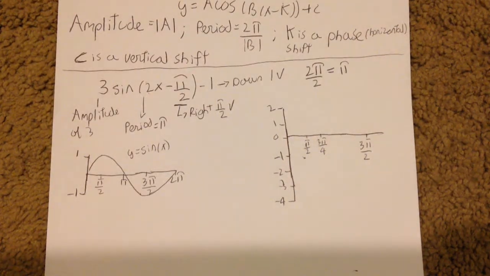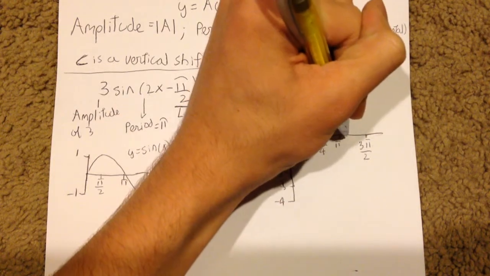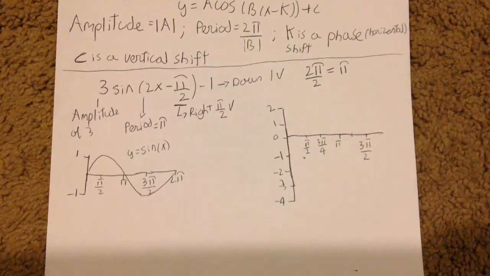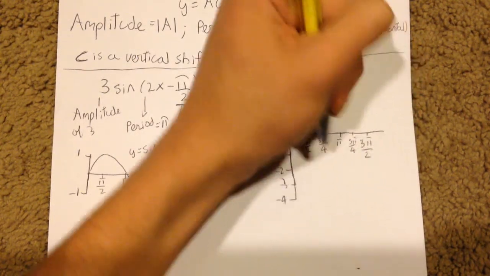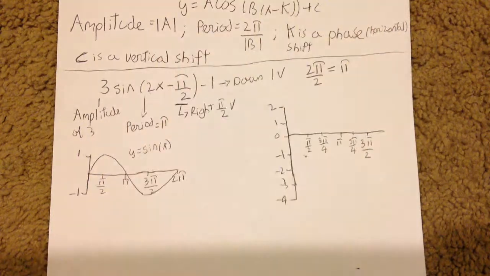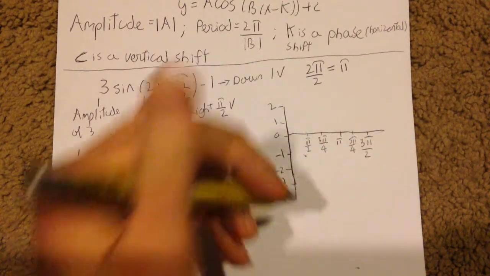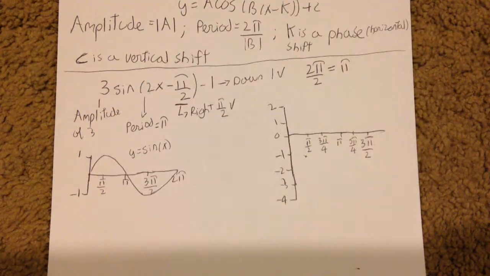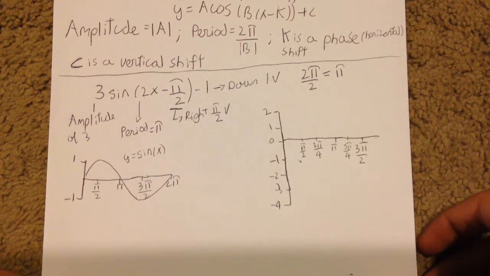Then we add another quarter pi, and that's pi. Then we add another quarter pi, so that's 5 pi over 4, and finally it goes up to 3 pi over 2. So I started at pi over 2, and since our period is pi, I divided that into 4 parts.